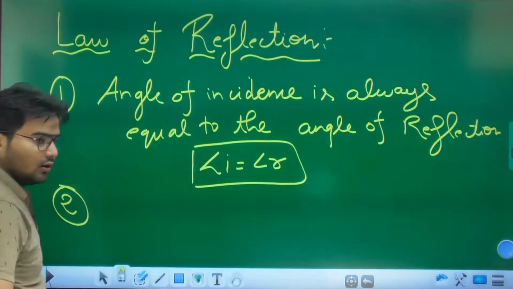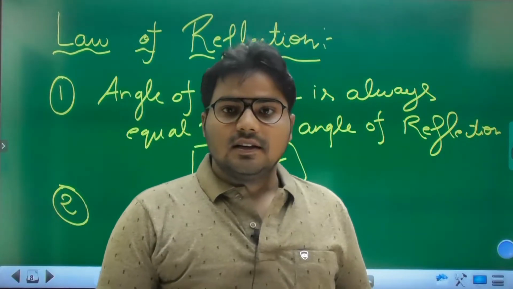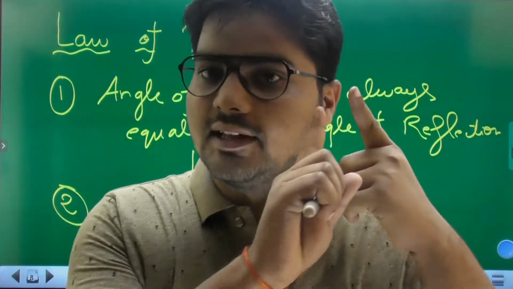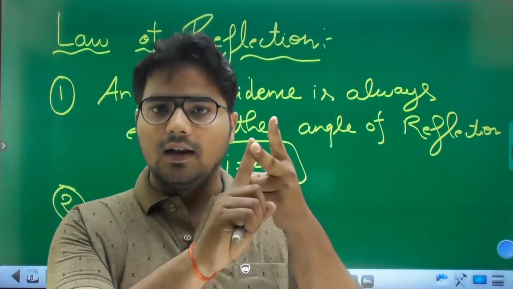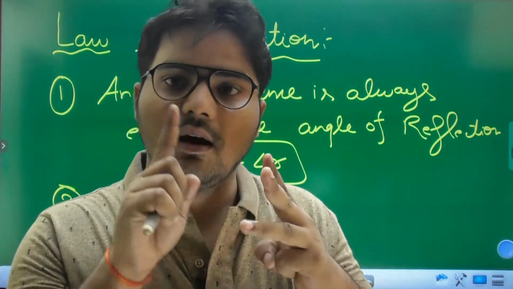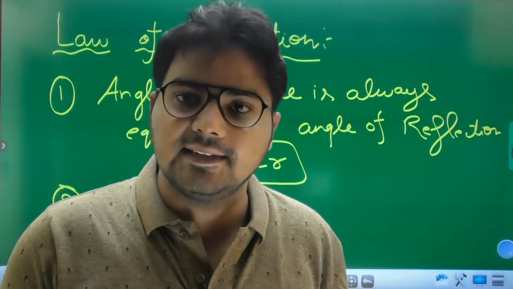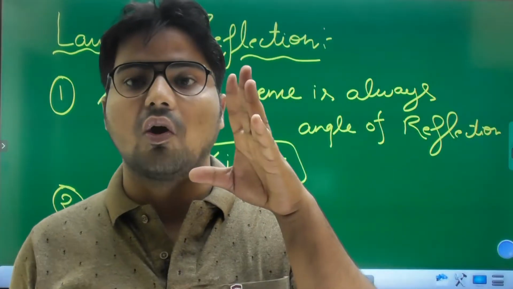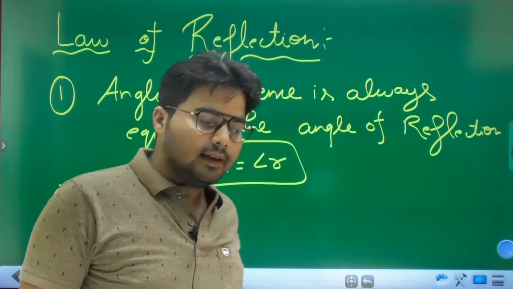What is the second law? The second law is that the incident ray, the normal and the reflected ray always meet at one point on the reflecting surface, and that point is called the point of incidence.